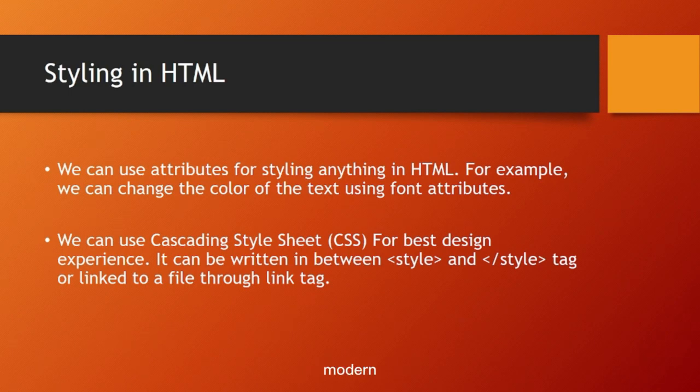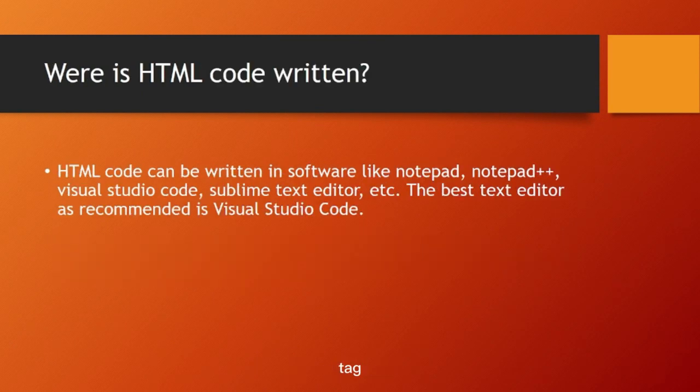This is the modern way of designing HTML because the font tags and the tag attributes are not as decorative as CSS. So almost every website and web page uses CSS, and this is the best practice. And we can use CSS between the style tags or link it through the link tag.